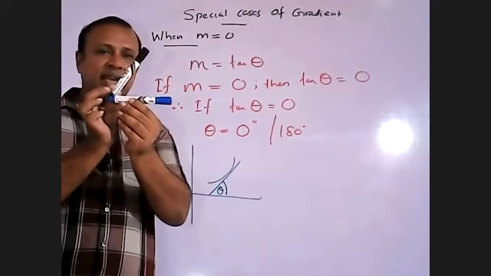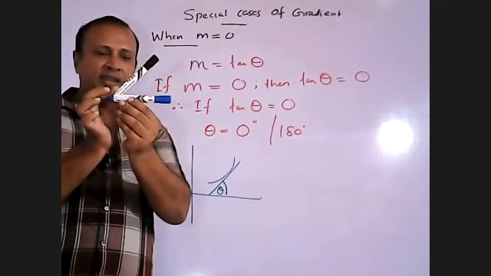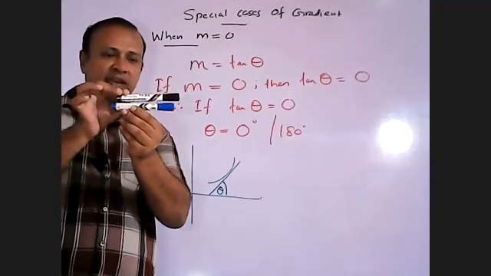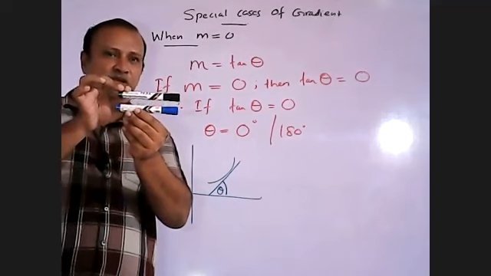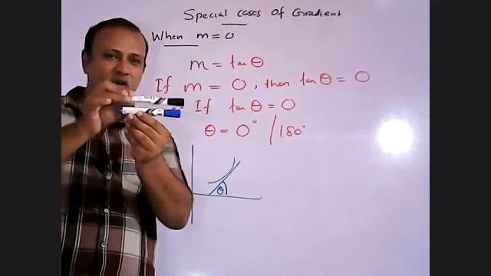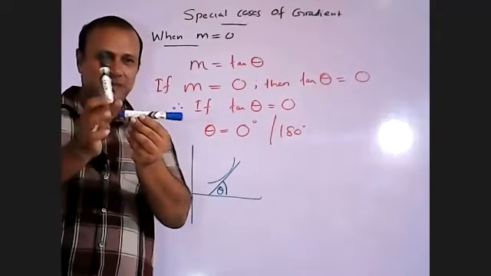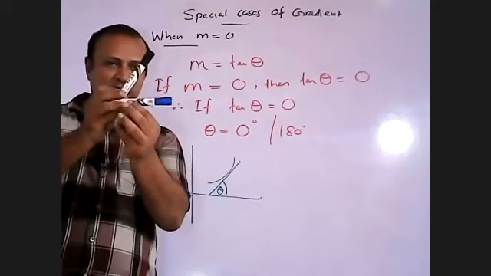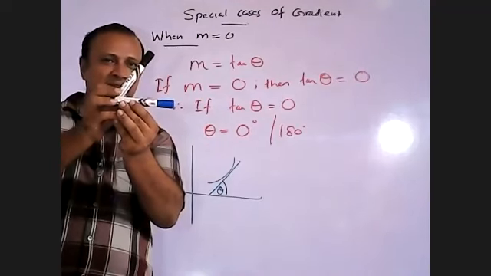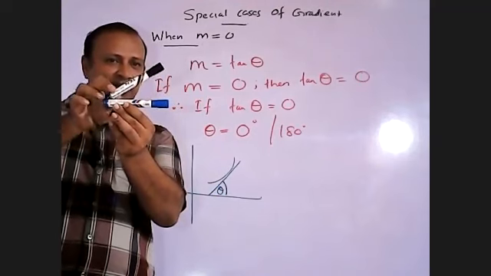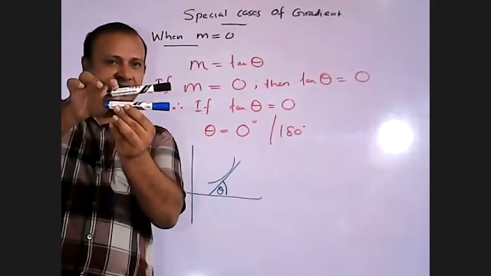If this angle is 0, then this angle should be decreased, and the tangent should be parallel to the x-axis. Initially, it has angle theta. So if the angle is 0, I have to decrease this one.